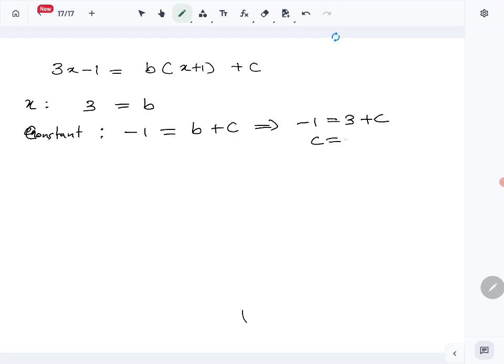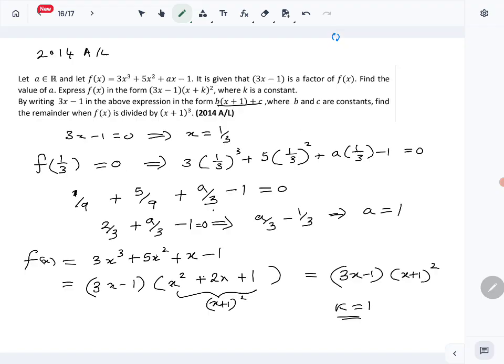So c is equal to minus 4. Right. So then 3x minus 1 can be written as 3 times (x plus 1) minus 4. Okay, we are done with that.